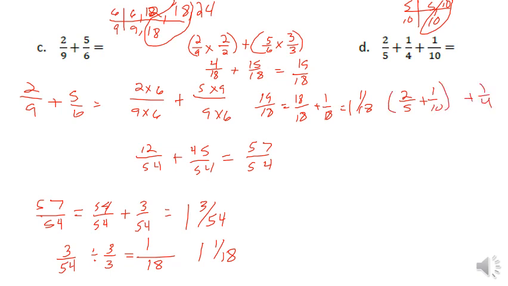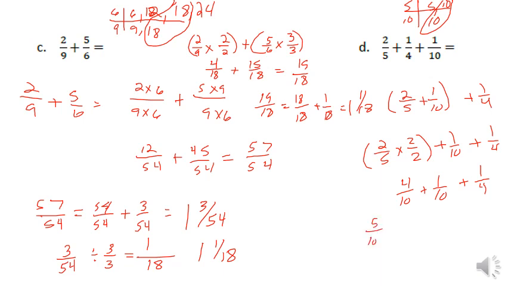I just reordered it. Now I know 2/5, I would have to multiply that by 2/2 plus 1/10 plus 1/4. So this becomes 4/10 plus 1/10 plus 1/4. So now I can see I have 5/10 plus 1/4.